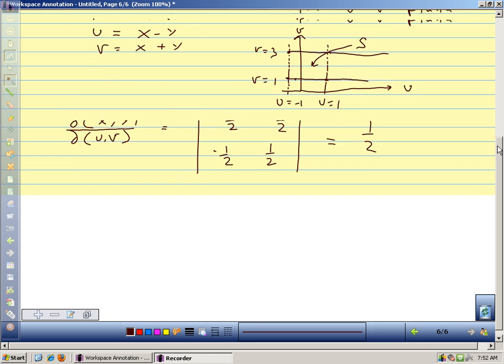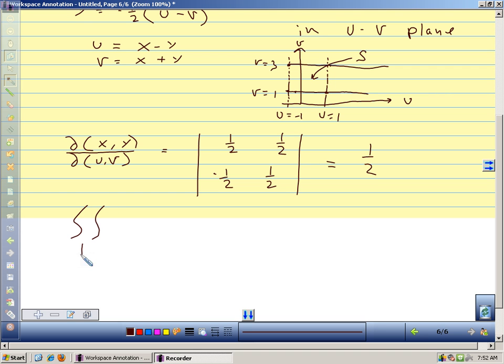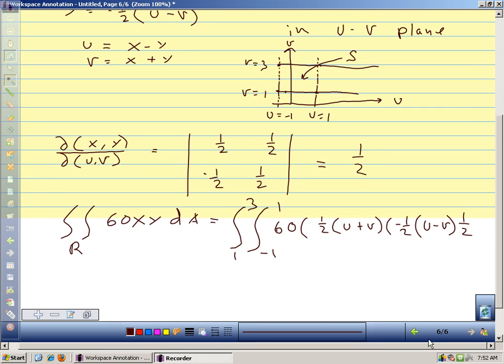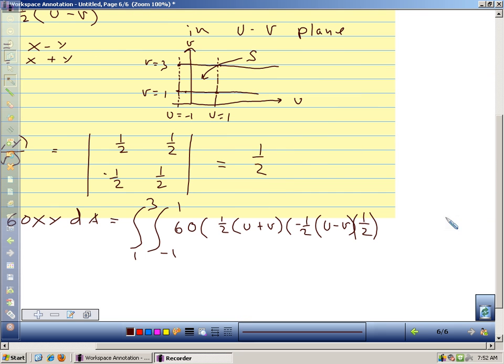I get that the integral over my region of 60xy dA equals the integral from v equals 1 to 3, u equals -1 to 1 of 60 times x, which is 1/2 (u plus v), and y, which is minus 1/2 times (u minus v), times our Jacobian, which is 1/2, and our new variables of integration, du dv.